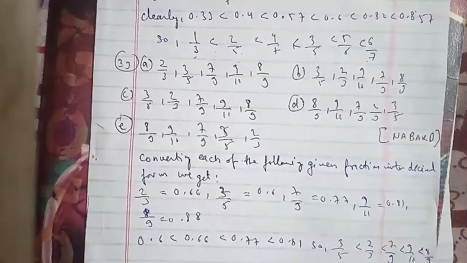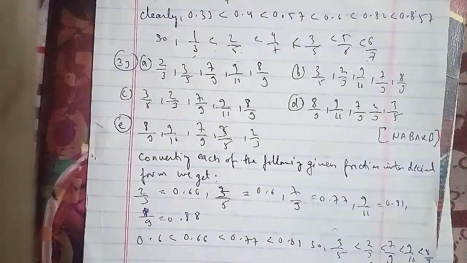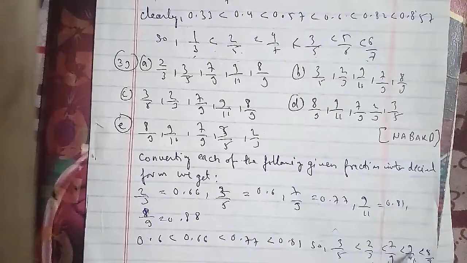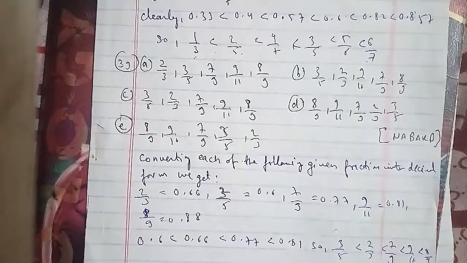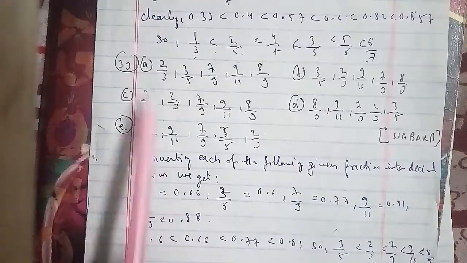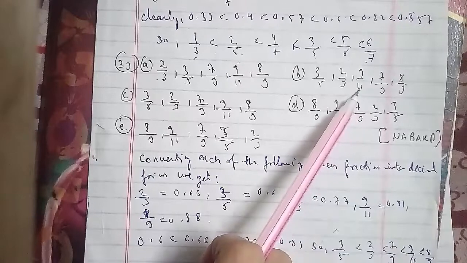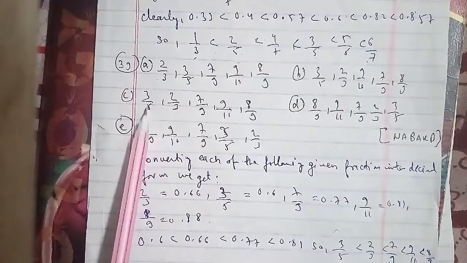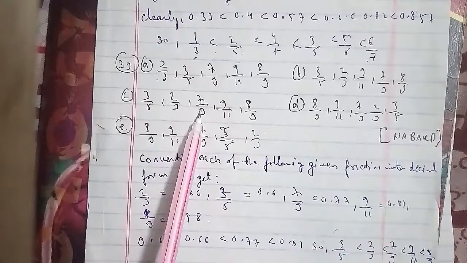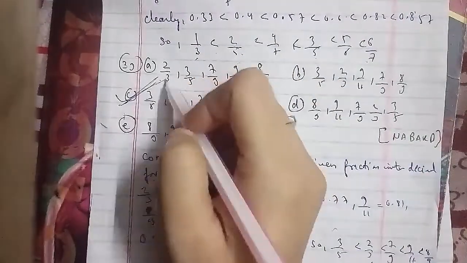So that is the sequence: 3 by 5, 2 by 3, 7 by 9, 9 by 11, and 8 by 9. With the same pattern, we can go through the options. Option C will be the right answer for this question.